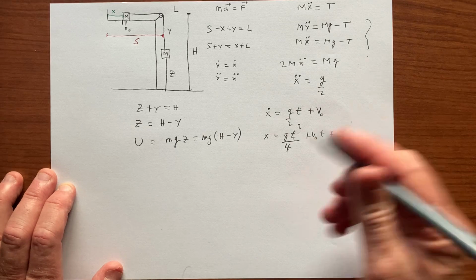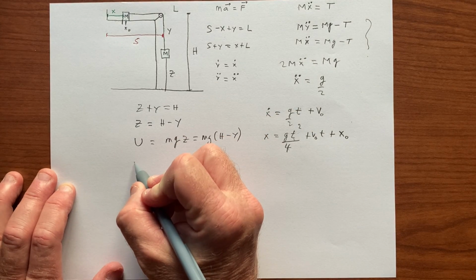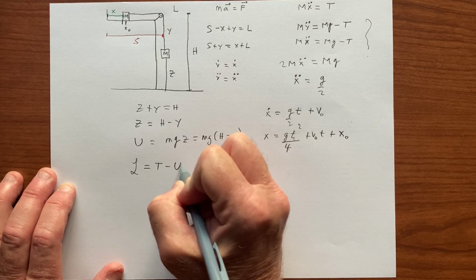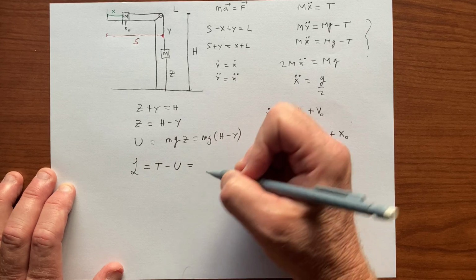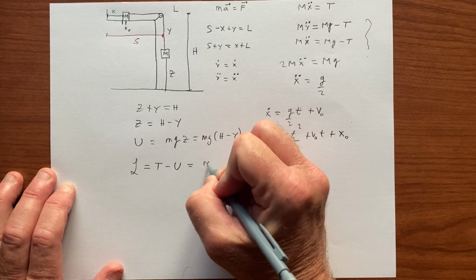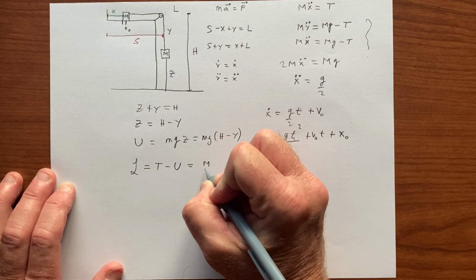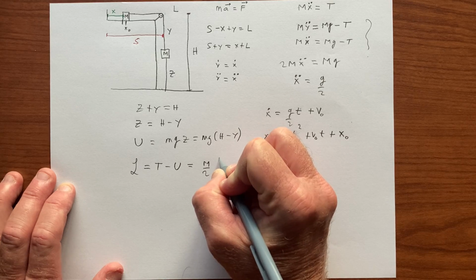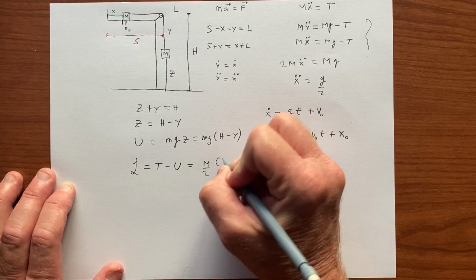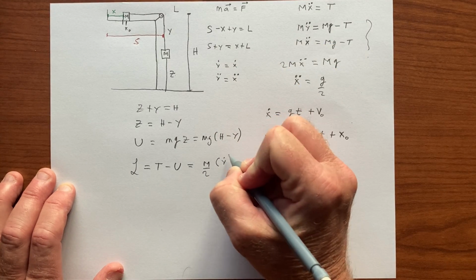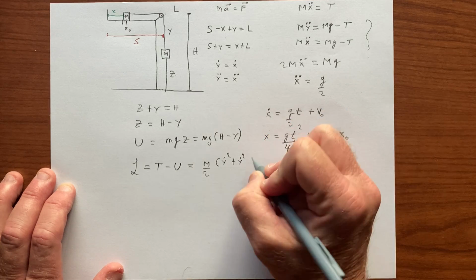And so we can write the Lagrangian. It's kinetic minus the potential, and the kinetic is just m over 2 times the speed squared, but it's twice. Right, so we have m over 2 times x dot squared, but if we're using y, x dot and y dot are the same thing, so we have y dot squared plus y dot squared.